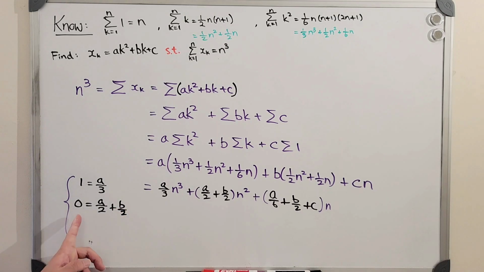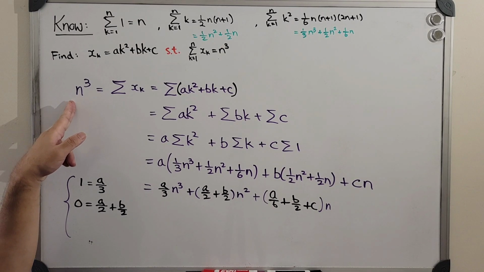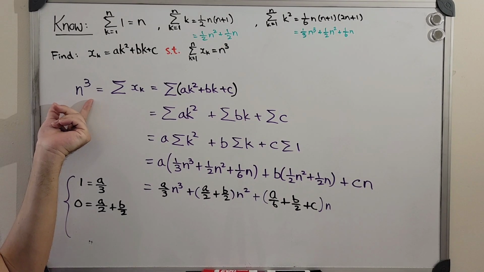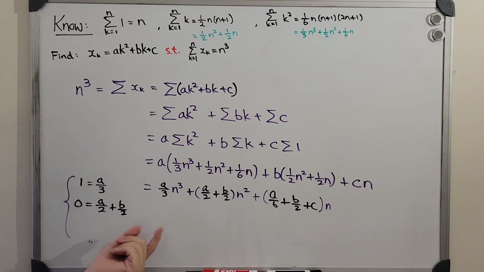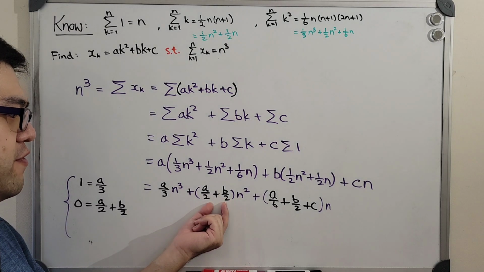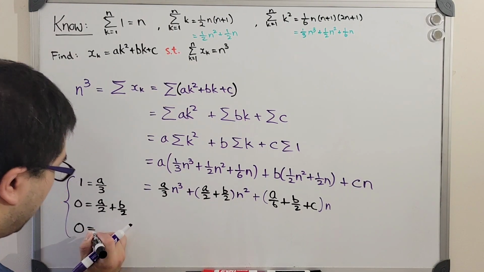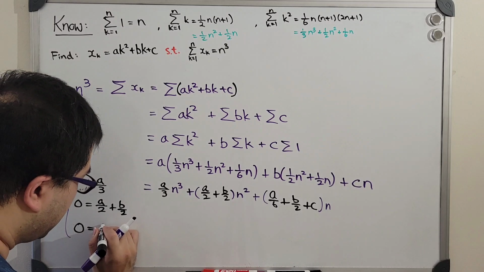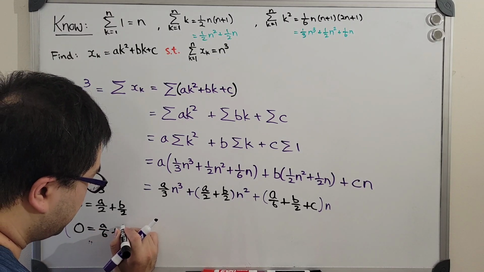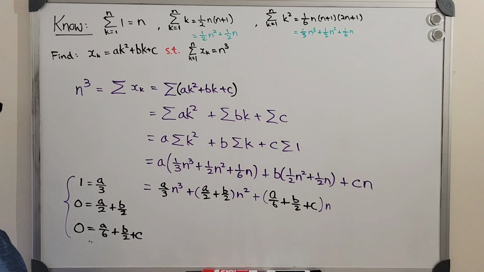Again, this 0 refers to the coefficient of the n squared term on the left hand side, which is not there, meaning we have 0 copies, whereas on the right hand side we have a over 2 plus b over 2. Then we have 0 equals a over 6 plus b over 2 plus c for the n term.